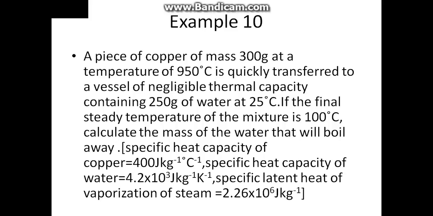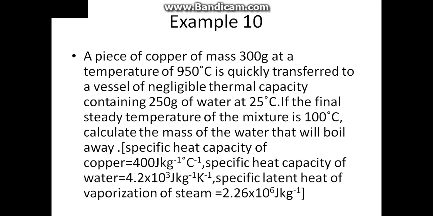Specific heat capacity of copper is 400 joule per kilogram per centigrade. Specific heat capacity of water is 4.2 times 10 raised to power 3 joule per kilogram per Kelvin. Specific latent heat of vaporization of steam is 2.26 times 10 raised to power 6 joule per kilogram.